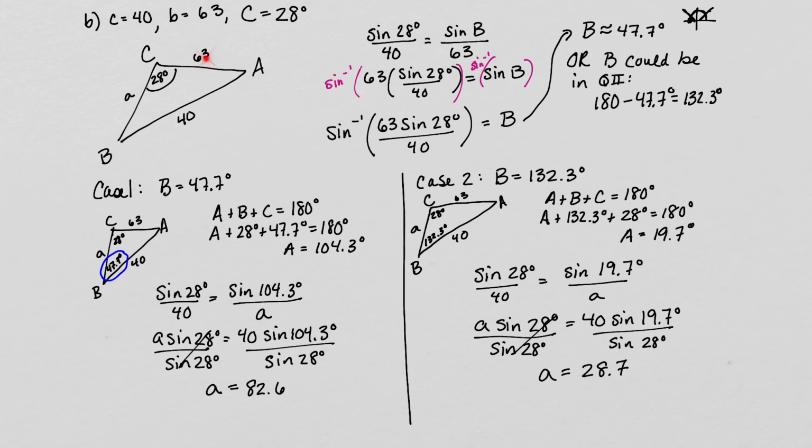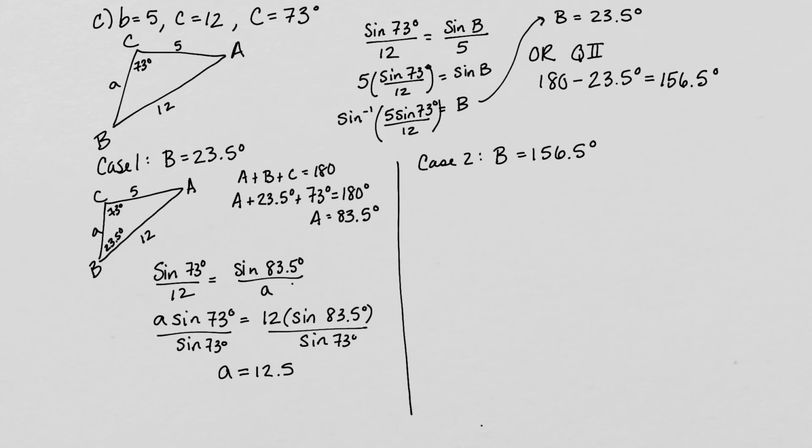It doesn't matter what you use as long as you use an angle and the side across from it. So same thing here. I knew 5, so across from the 5 is capital B. So I did use capital B over lowercase b here. But then down here, I'm using this pair, the 73 and the 12, because I know none of those are rounded.